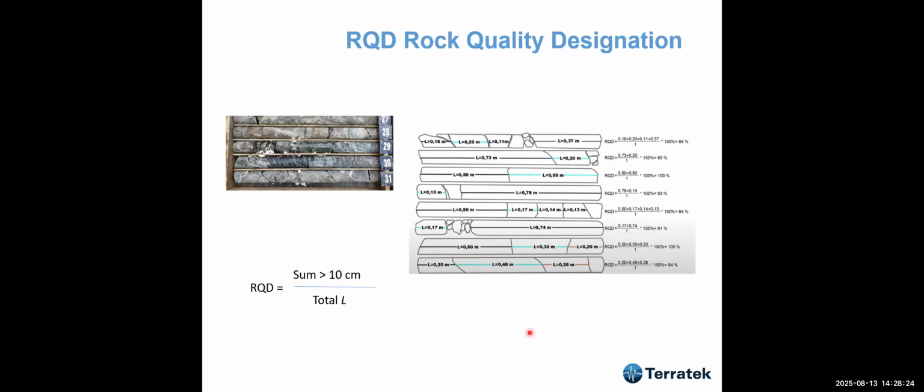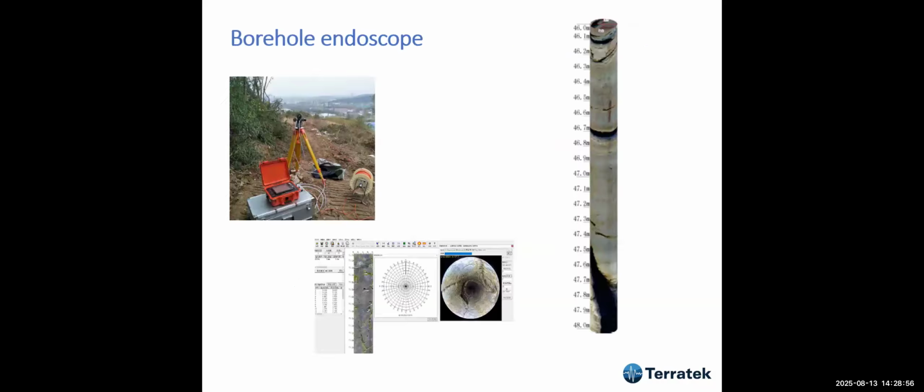Now it's plastic, and you mark the depth, sample number, etc. And then the next step is the geologist analyzes. He describes the lithology and also the RQD, which is the sum of all pieces longer than 10 centimeters against the total length of the sample. Okay, so this is a simple way of calculating. This is a very important parameter.